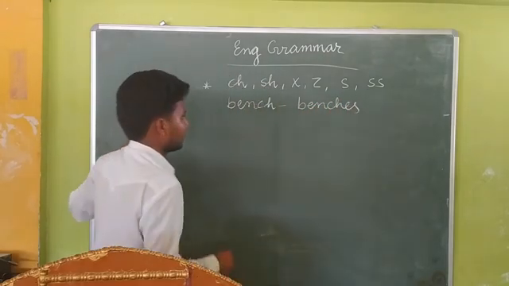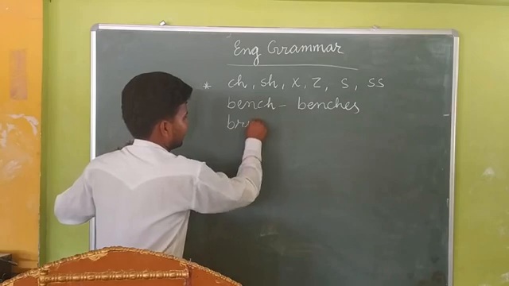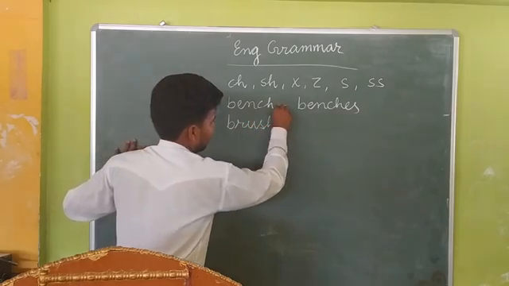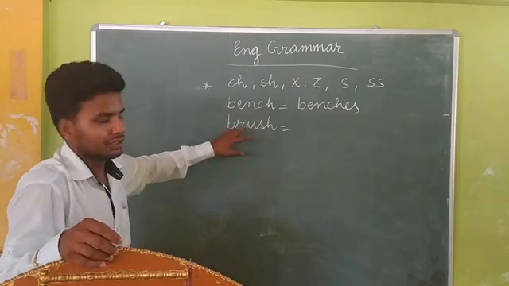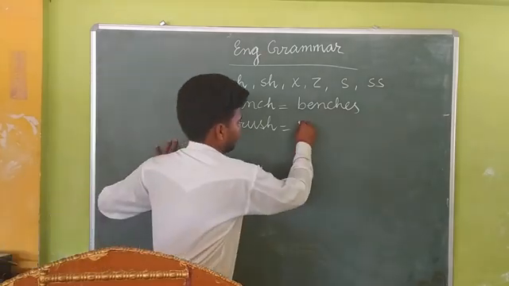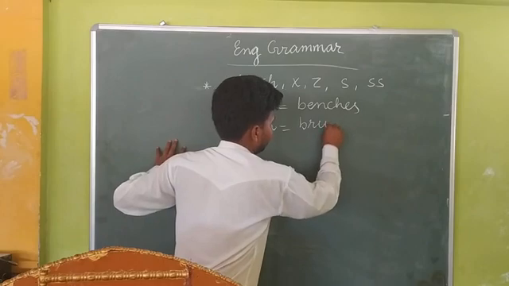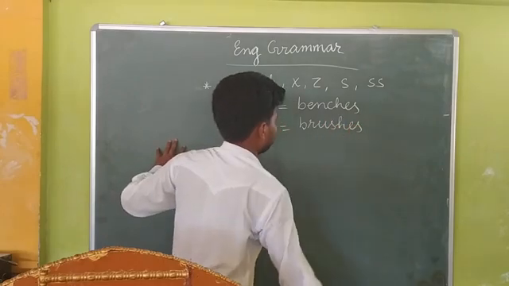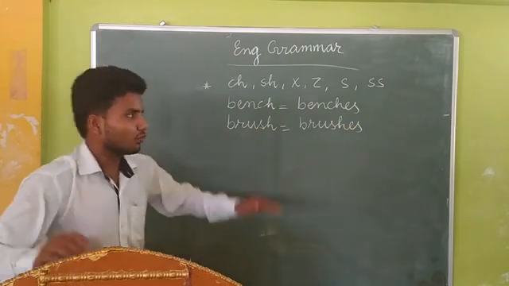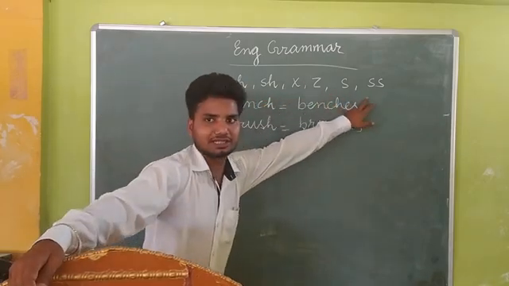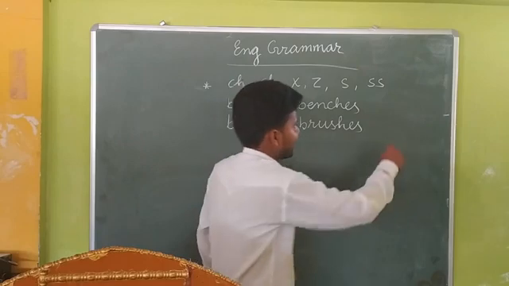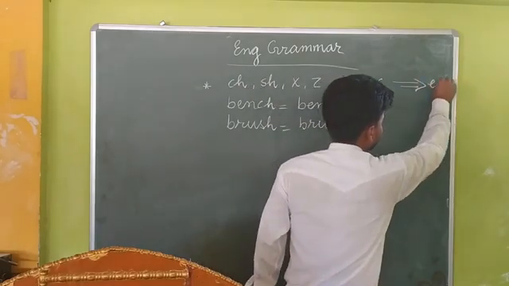Brush. And if we are going to convert this word into plural form, you need to add es also. Like this, if the words end with ch, sh, x, z, s and double s, you need to put es to make it plural.